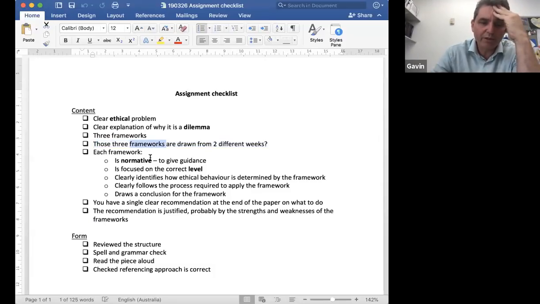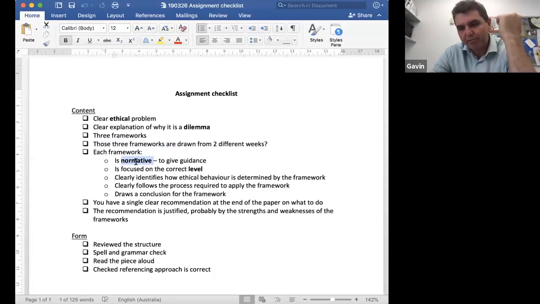Now, which frameworks? Well, within each framework, make sure it's normative. Okay, if you use a descriptive framework, it's going to be difficult to come to a clear conclusion if you're using the framework well. Okay, so across those 2 weeks, there is one descriptive framework we use. Now, it's Kohlberg, right?